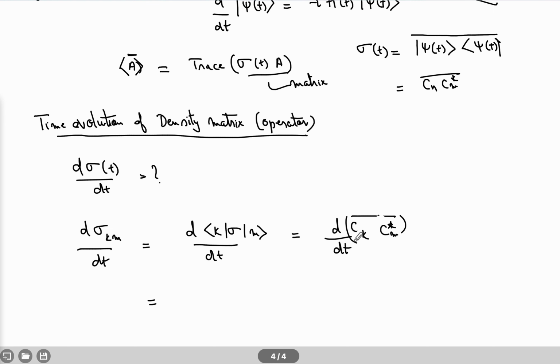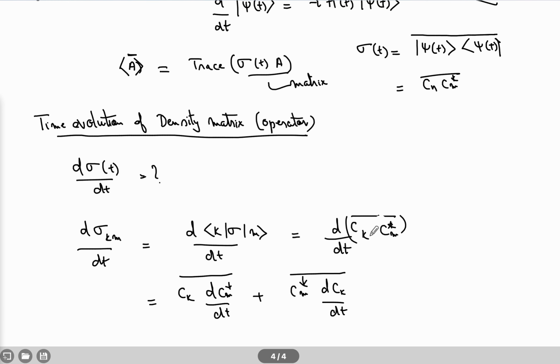Okay, now let's try to expand this. So this is a simple partial derivative problem. So what I can do is I can say ck d cm star by dt, ensemble average, plus cm star dck by dt, right?